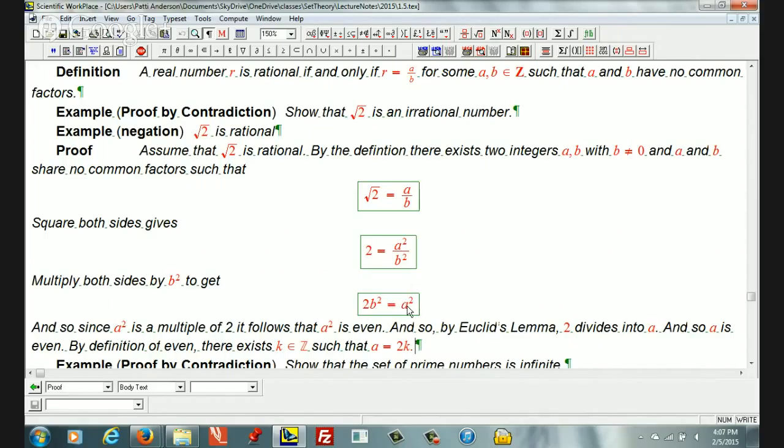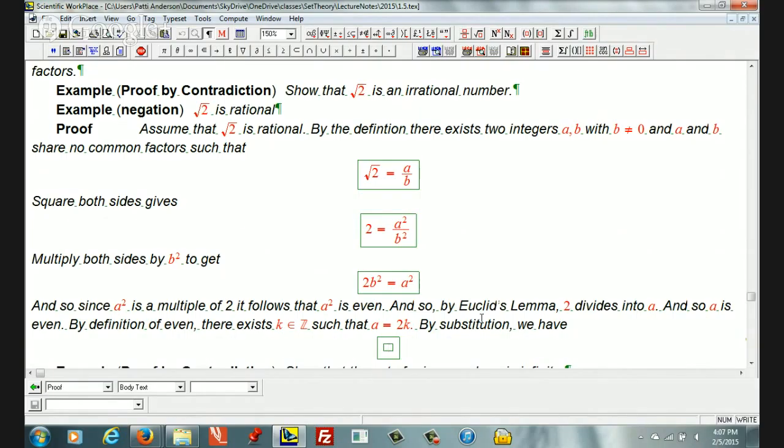So we can substitute in for A squared, and we'll get to our conclusion. But what is 2k squared equal to? 4k squared. I wrote 2, didn't I? Really don't want to multiply those 2's today. That's the second time I've done that.